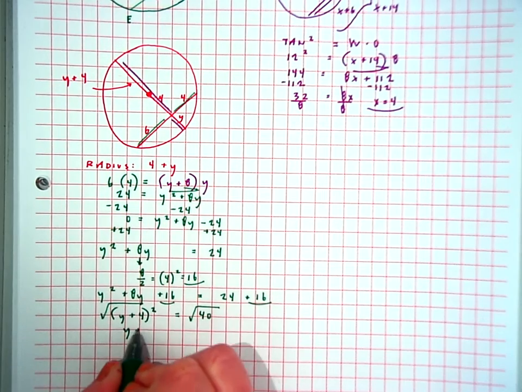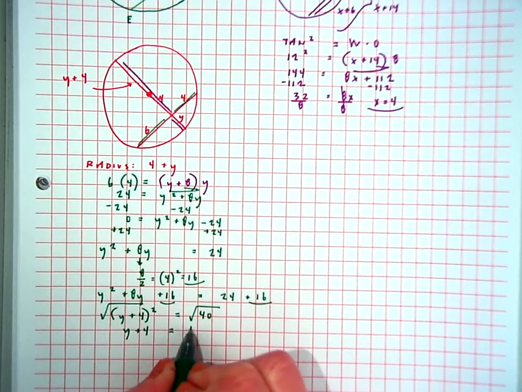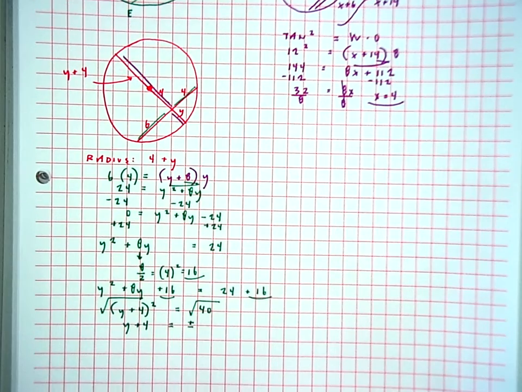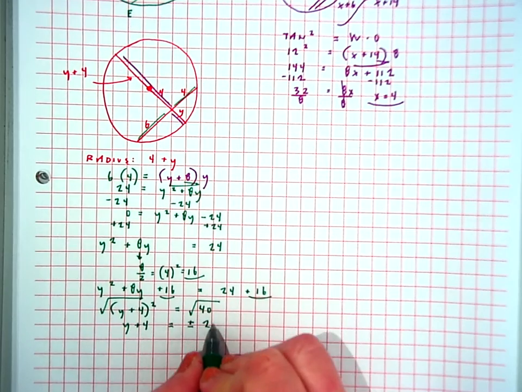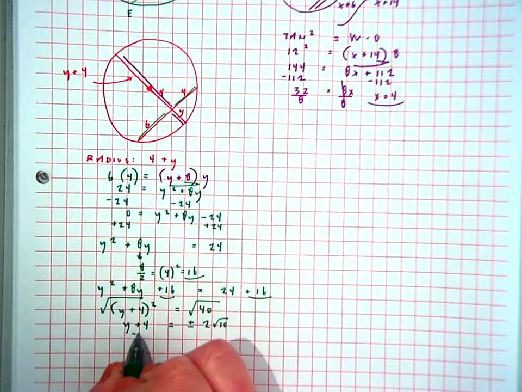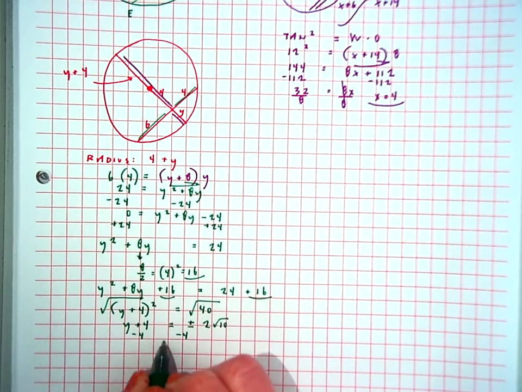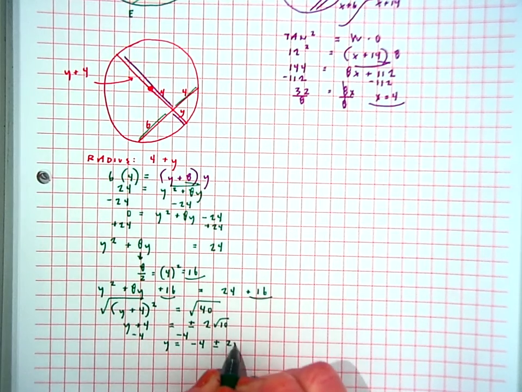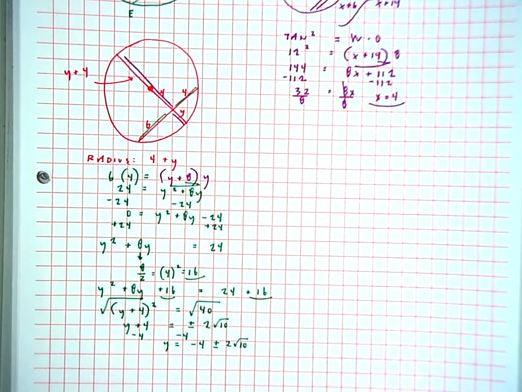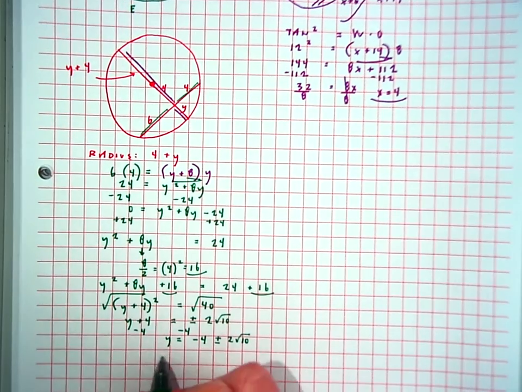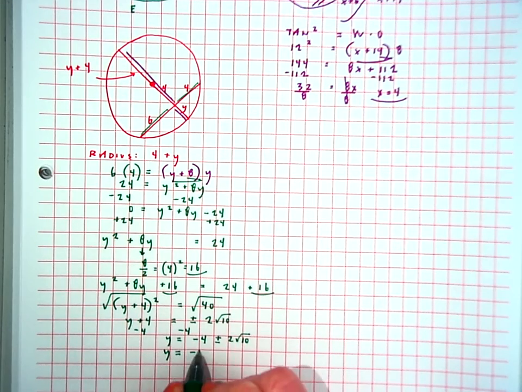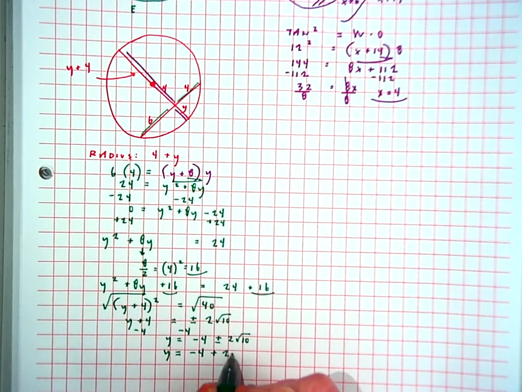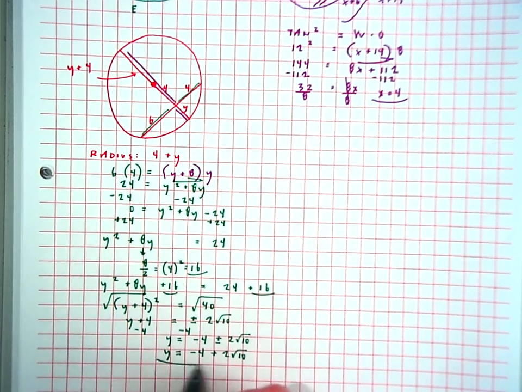So y plus 4 is going to equal plus or minus, 40 is 4 times 10, so 2 root 10, and then take away the 4. So y equals negative 4 plus or minus 2 root 10. But y can't be negative, so I'm only interested in the positive. So negative 4 plus 2 root 10.